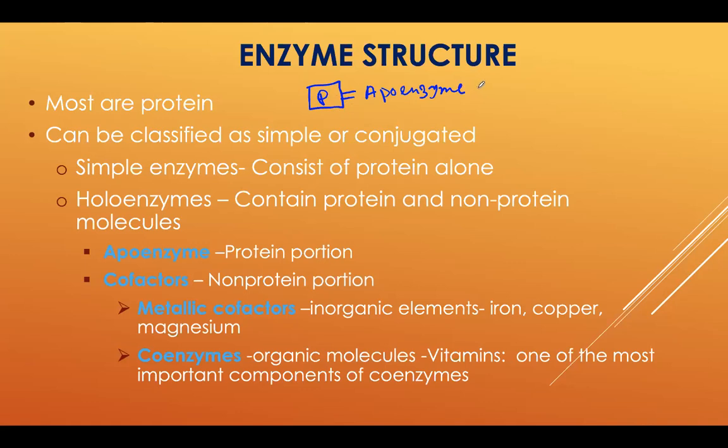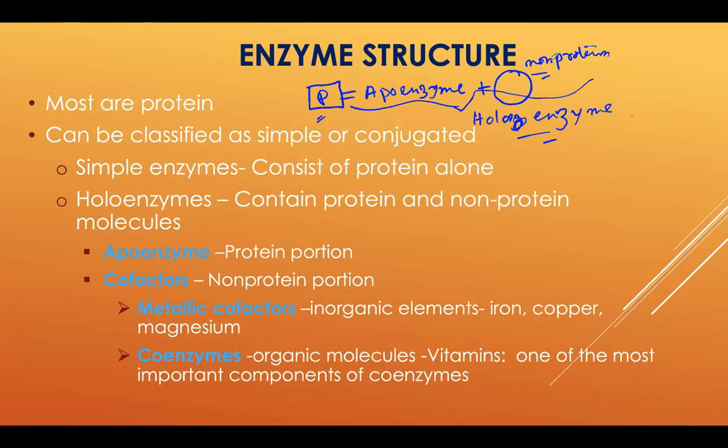But if there is another element, a non-protein part, attached to this protein part, then the enzyme becomes very active. Okay, this non-protein part and protein part together, when the enzyme is active, that enzyme is called holoenzyme. So only the protein part is called apoenzyme, but protein and non-protein part together make the holoenzyme.